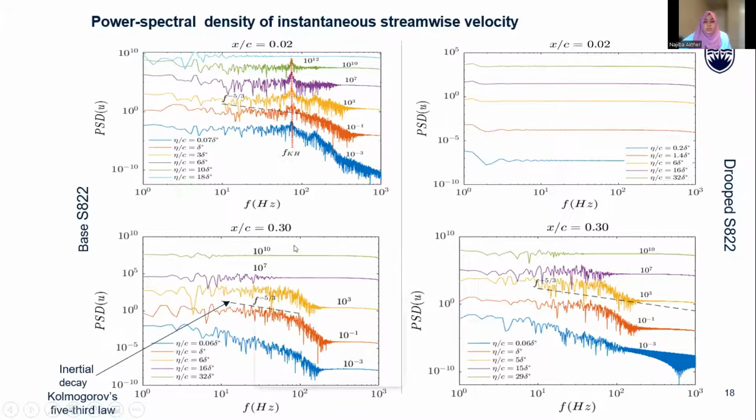And for the second case, near the 30% location of the airfoil suction side, we can see the inertial decay law is matched right here, whereas the drooped case doesn't have a peak of amplitude at this location at 30% chord.